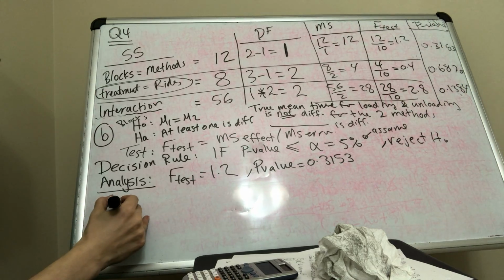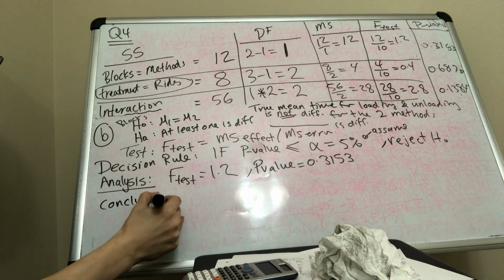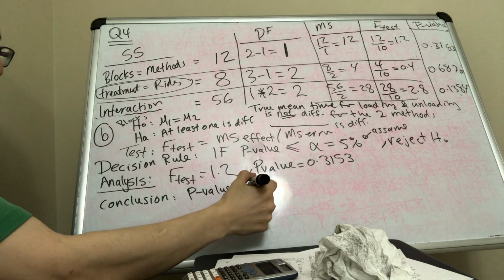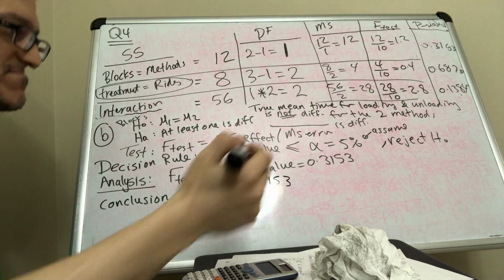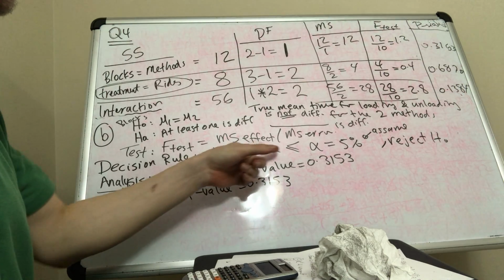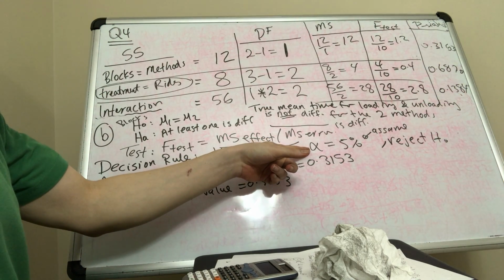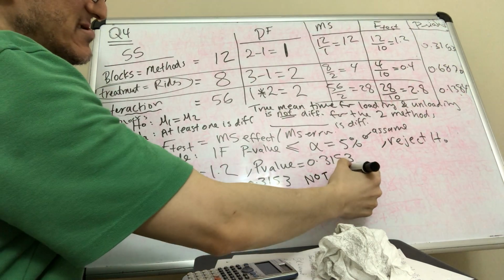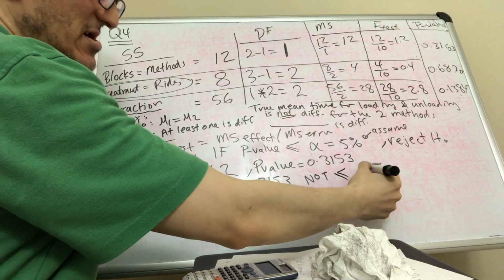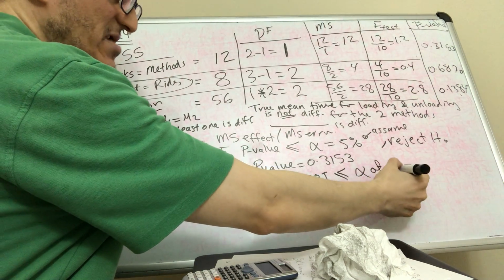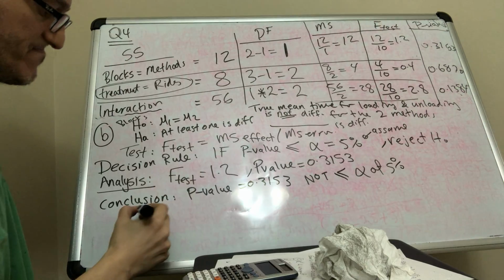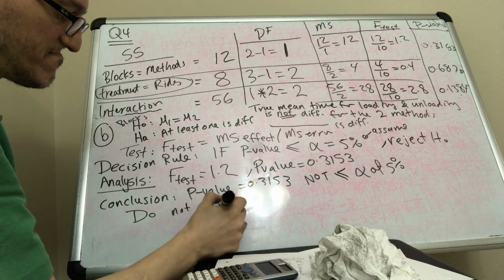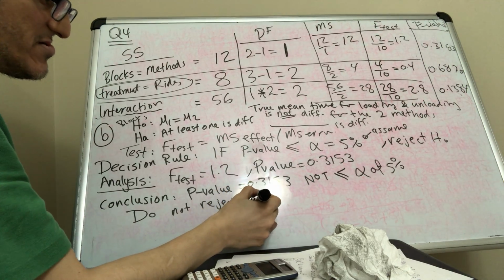Conclusion. P-value of 3153. Looking at the decision rule, is that less than alpha? Not less than or equal to alpha of 5%. So again, do not reject H0.